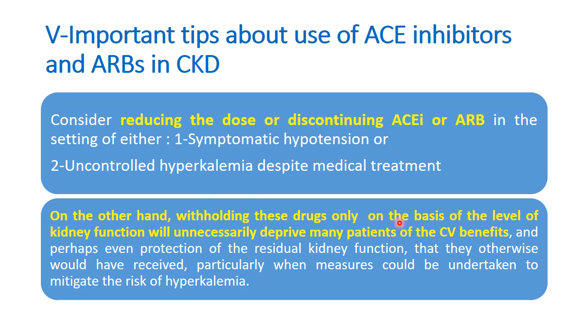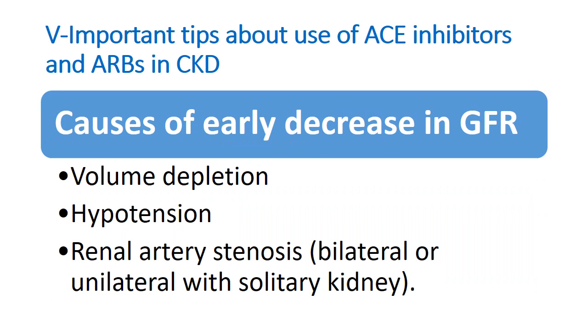On the other hand, withholding these drugs only on the basis of the level of kidney function will unnecessarily deprive many patients of the cardiovascular benefit, and perhaps even protection of the residual kidney function that they otherwise would have received, particularly when measures could be undertaken to mitigate the risk of hyperkalemia.